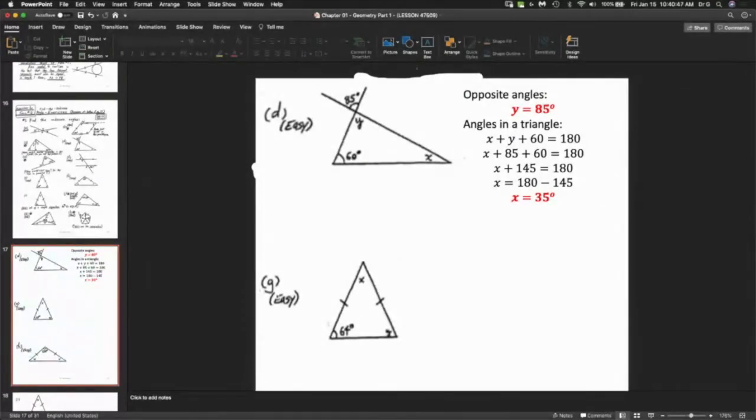Okay, so over here, what type of shape is this? What type of shape is this? Be more specific, Michelle. You're right, it is a triangle. What type? Would you say it's equilateral?